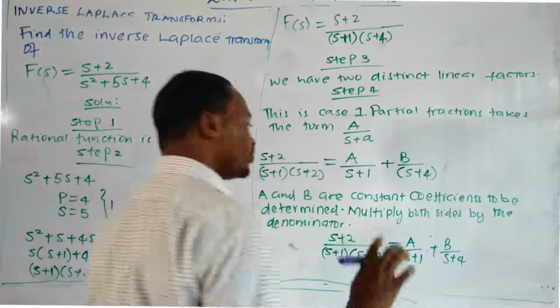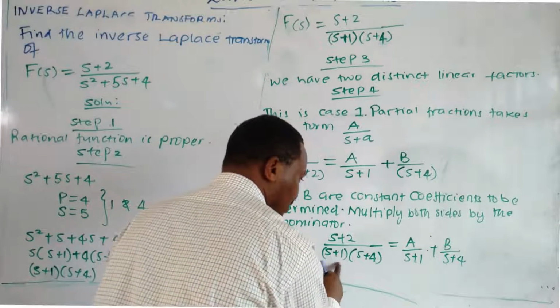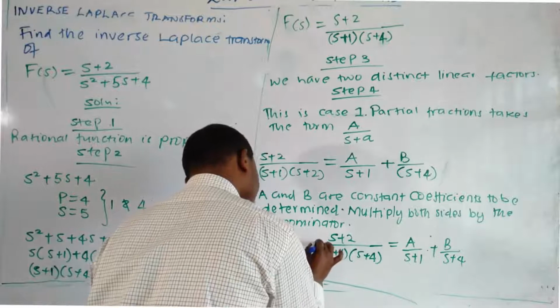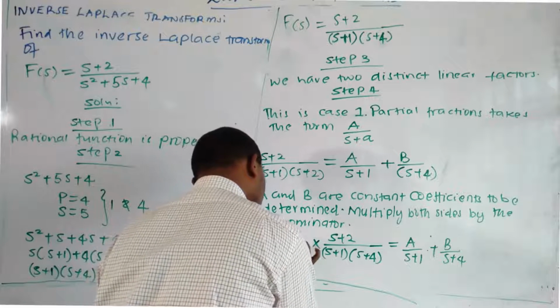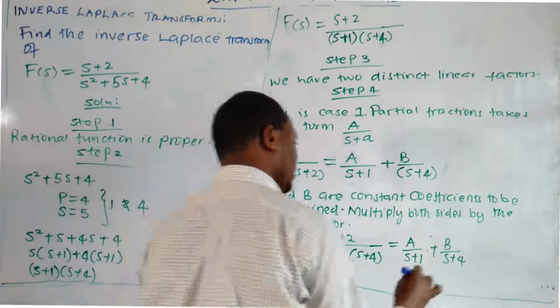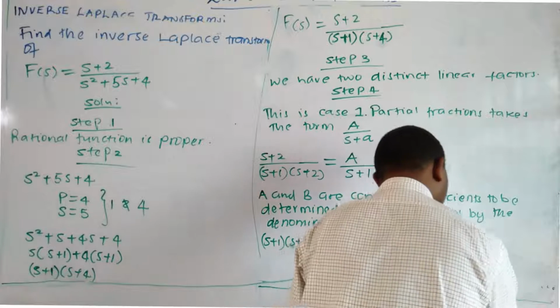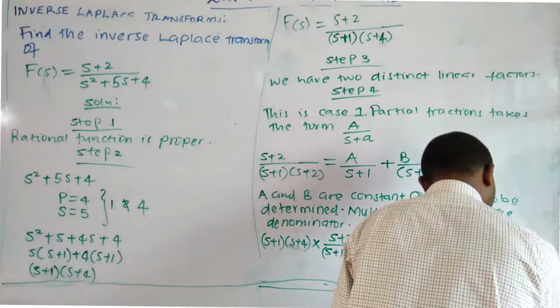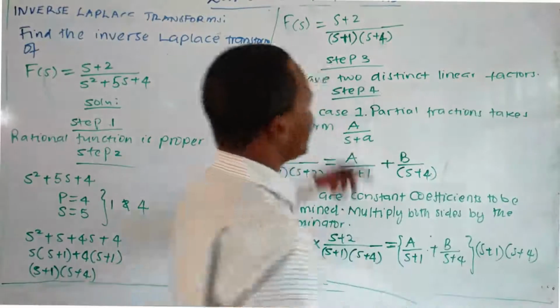What you are going to do is multiply both sides with the denominator. What is the denominator? S plus 1, S plus 4, so multiply with S plus 1, S plus 4. This is the first example.